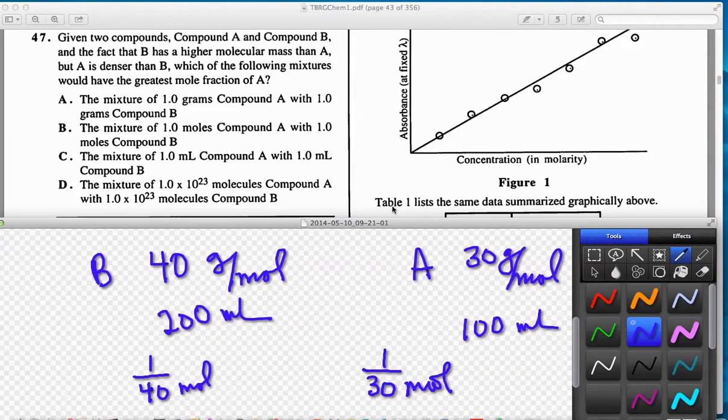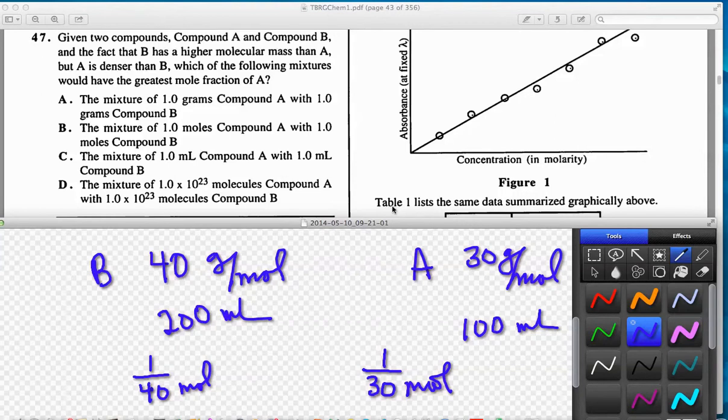And I don't like the fact they're calling it compound A and compound B. They should call it solution A and solution B. Again, their wording is very misleading. I would stand by A would work.